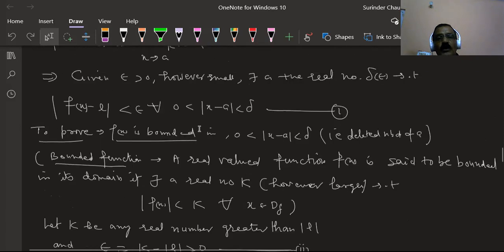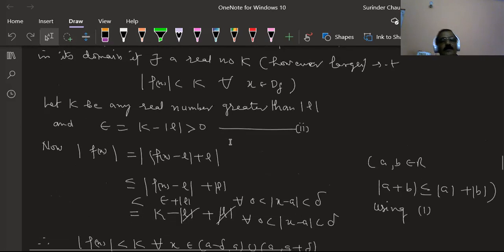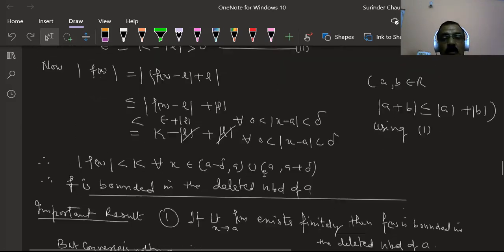This is true in the domain, the deleted neighborhood of a. The delta deleted neighborhood of a means x belongs to the open interval a minus delta to a, union the open interval a to a plus delta. When we cancel them, we get modulus of f(x) is less than k for all x belonging to a minus delta to a union a to a plus delta.